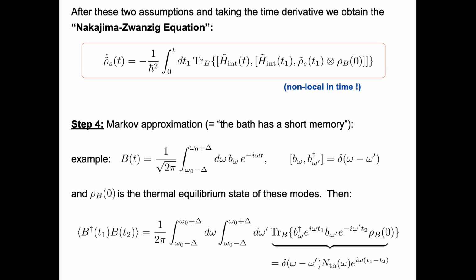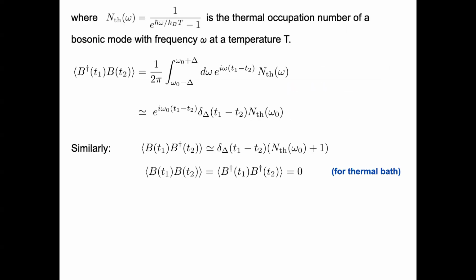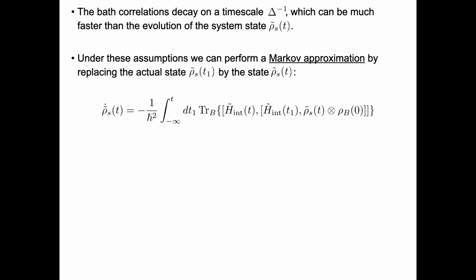This is called the Markov approximation. So what we did in this last step is that in this whole integral, we replaced rho s of t1 by rho s of t. So the time derivative of rho s is now proportional to the system density operator.